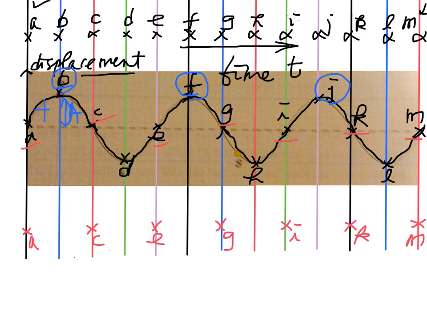That means the particles B, F, and J have displacement towards the right from their equilibrium positions. And this is the amplitude.